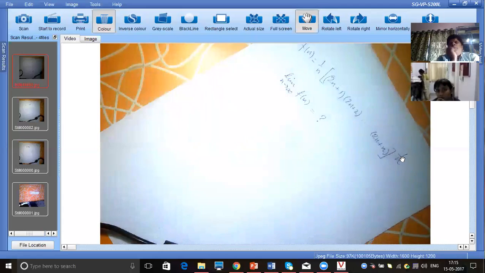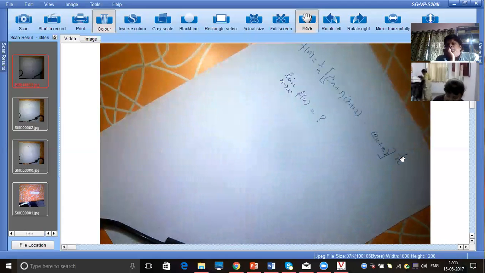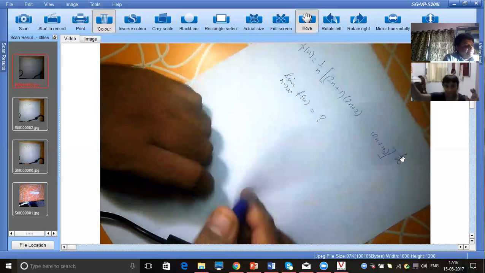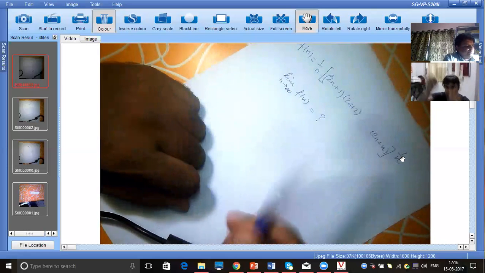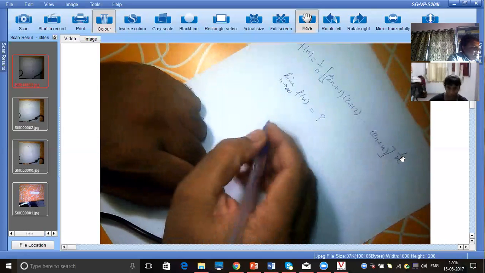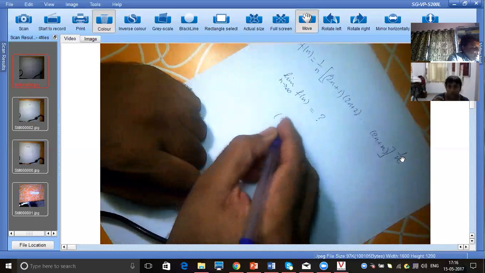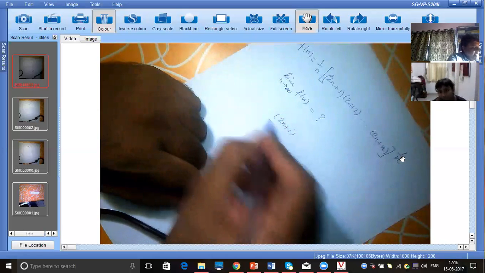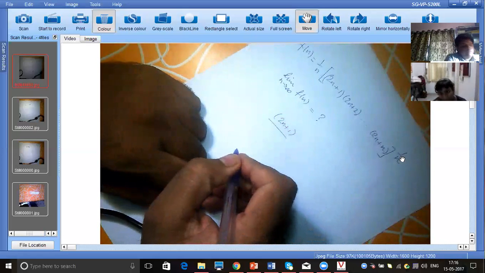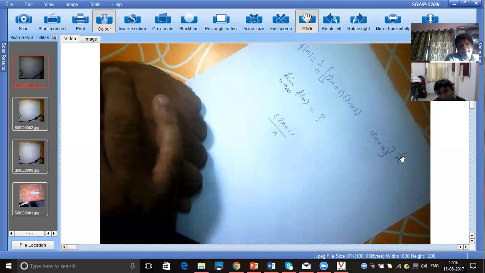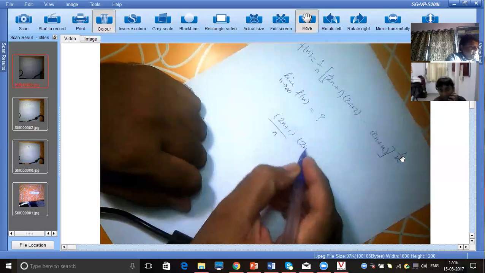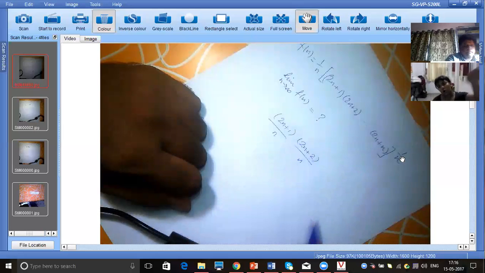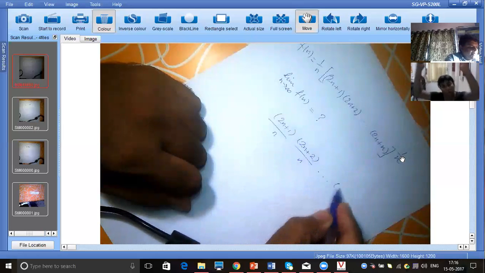So what was your approach to doing this? So what I did was I took n inside, so I made it 1 by n, took it as n to the power n, and put 1 n under each term. So you have 2n plus 1 divided by n, into 2n plus 2 divided by n, all the way till 2n plus n divided by n, and the whole thing is to the power 1 by n.